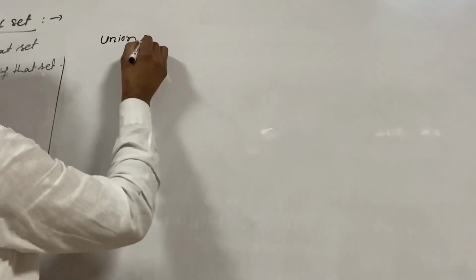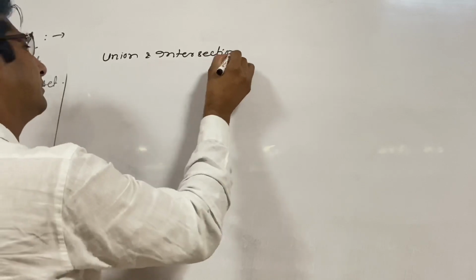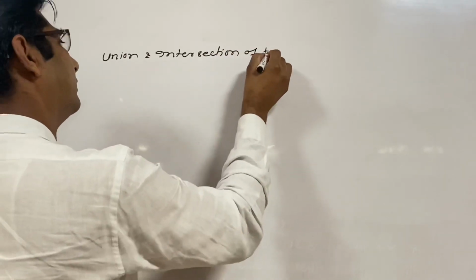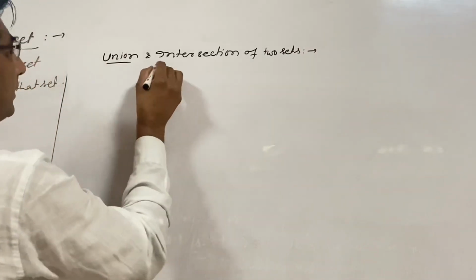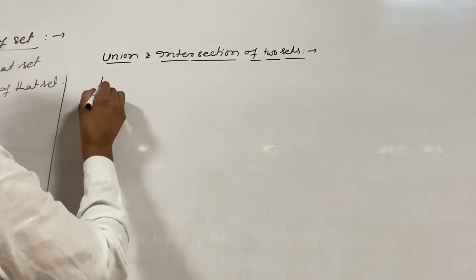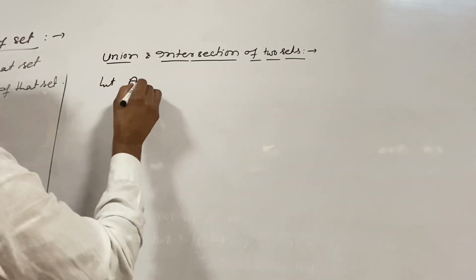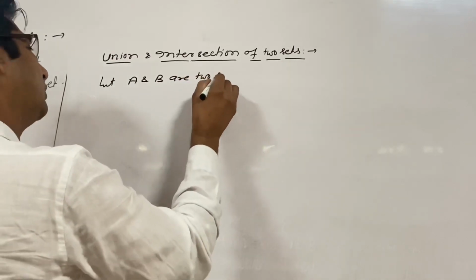Union and intersection of two sets. Let A and B be two sets.